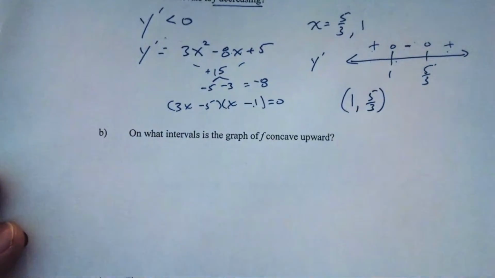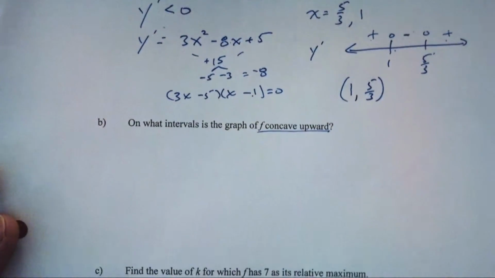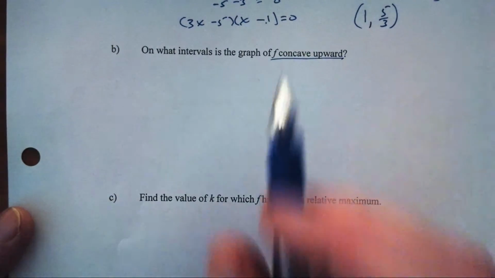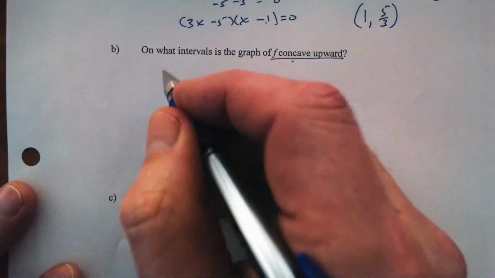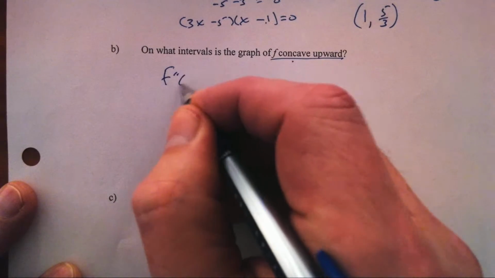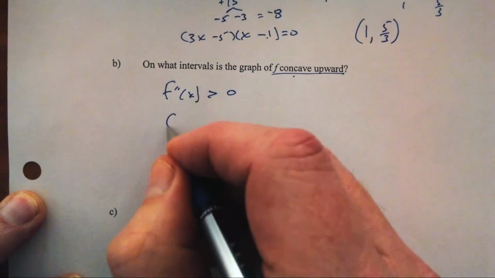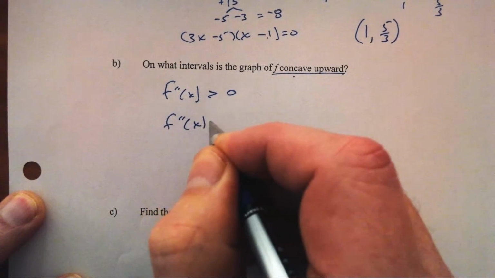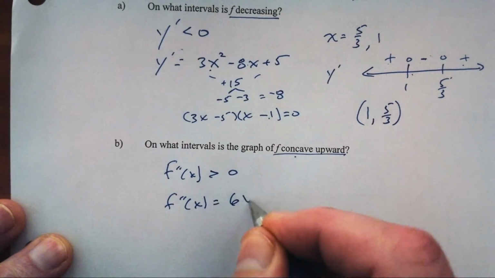Okay, on what interval is the graph concave up? Speak calculus to me. The graph is concave up when the second derivative, f double prime of x, is greater than 0. So f double prime is the derivative of the derivative, 6x minus 8.